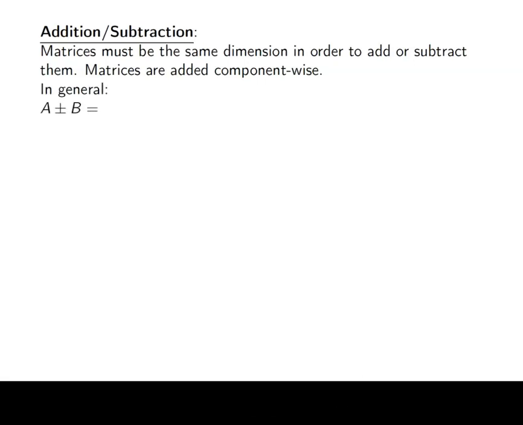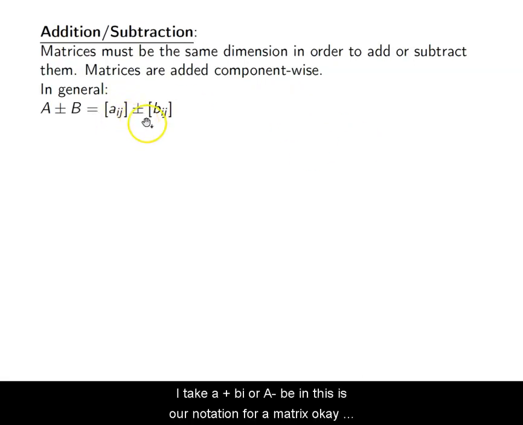So in general, if I want to add two things together, I take A plus B or A minus B, and this is our notation for a matrix, okay? This symbol here means I'm using a matrix. Aij represents that it has i rows and j columns, again, rows and then columns.